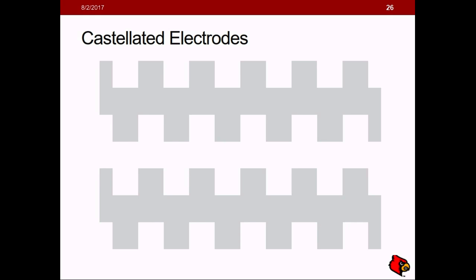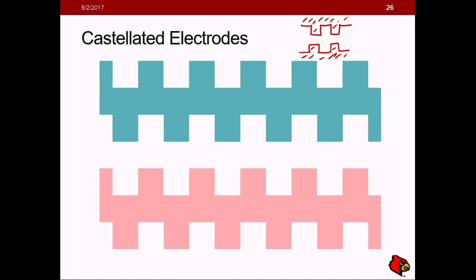Now, some authors have shown cases where your two electrodes are aligned with each other as opposed to offset. So both exist. So you have your positive and negative, 0, 180 is a better phrasing, 0 and 180 degrees out of phase electrodes.